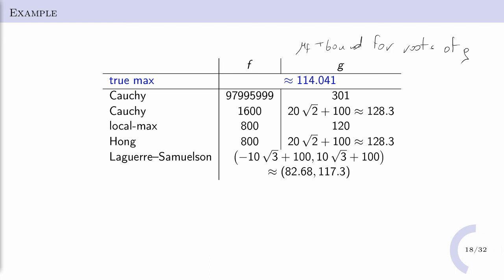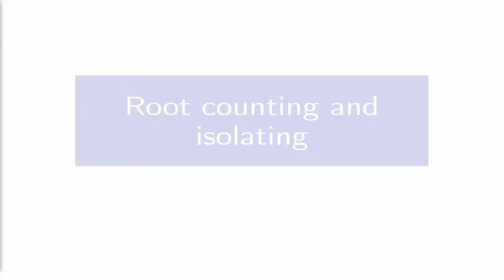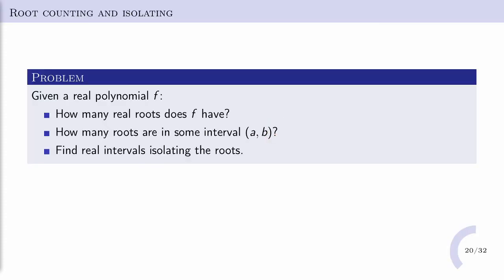The second part of today's lecture is devoted to the problem of counting and isolating real roots of a polynomial. So the problem is the following one. We are given a polynomial and we want to know how many roots of this polynomial sit in a given interval. A special case of this problem is how many roots of a polynomial sit in the interval minus infinity to plus infinity.